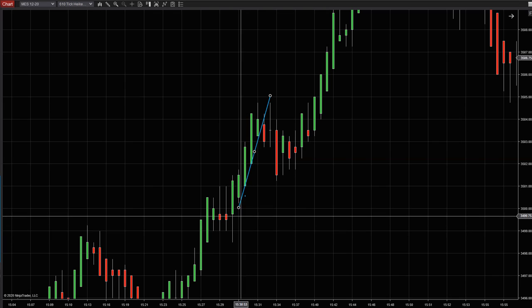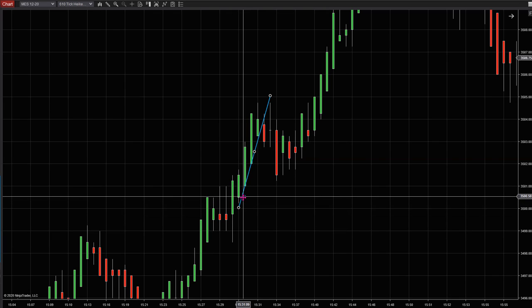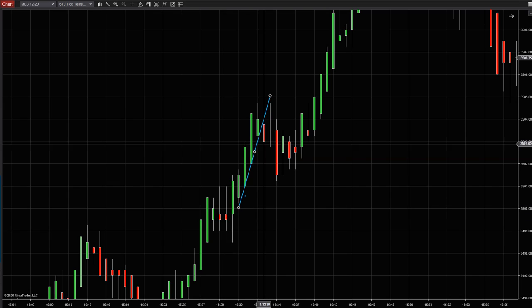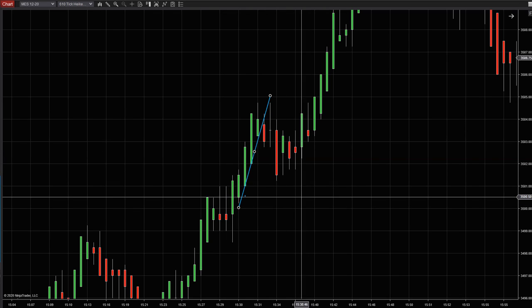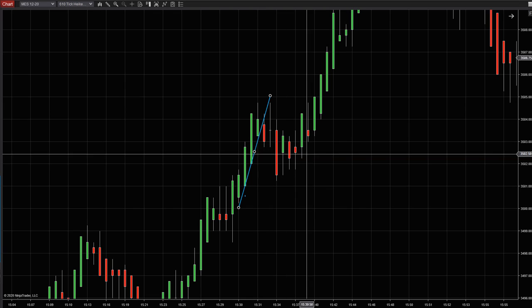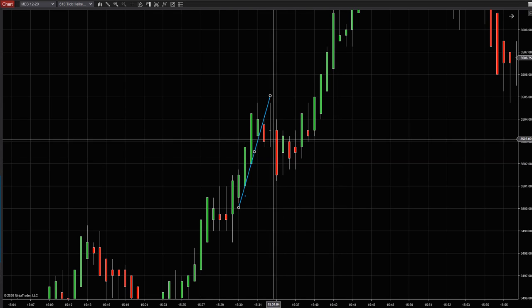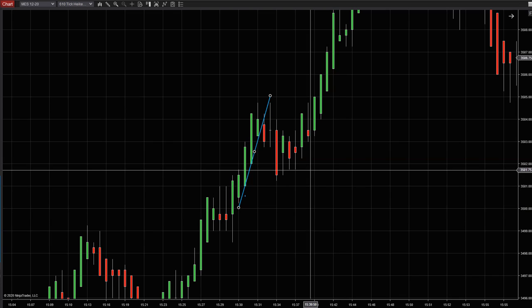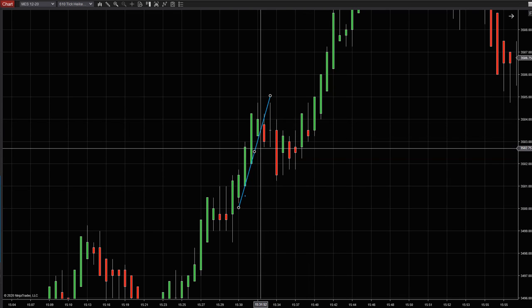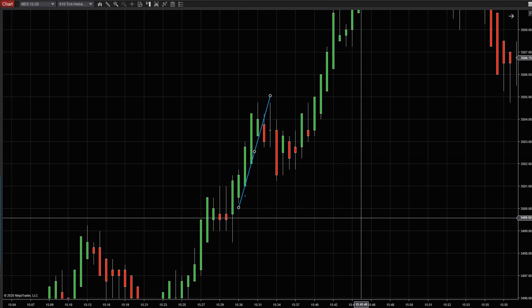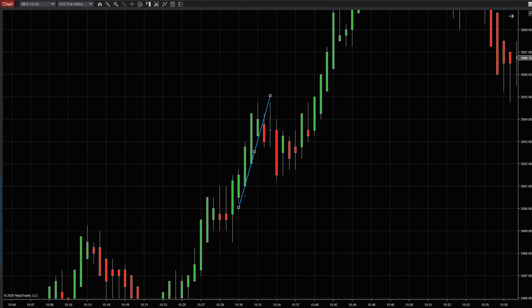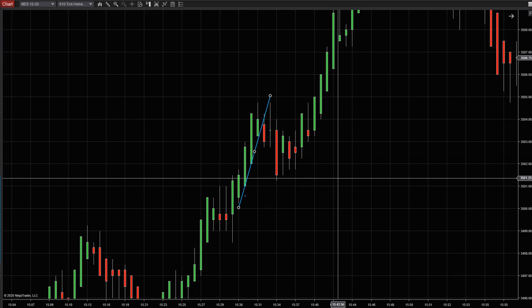And so you just draw a line touching the bottom right corner of your green candles. And then anything that goes past that and closes is going to be red. I mean, it doesn't have to close. If it puts a wick out there, it's most likely going to be red. And so those are the easiest ways to kind of spot that.